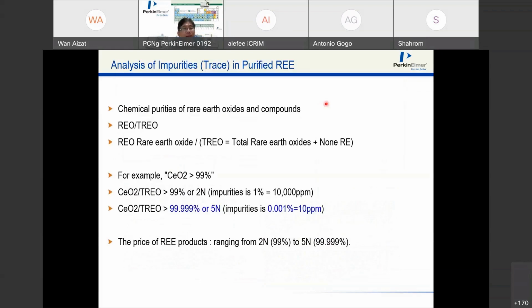So for these high purity chemicals it will be a little bit different. We call it REO versus TREO: the rare earth element oxide of interest that the customer wants to purify, divided by the total rare earth element, meaning none other than the element of interest, because we want the purity plus other non-rare earth element.